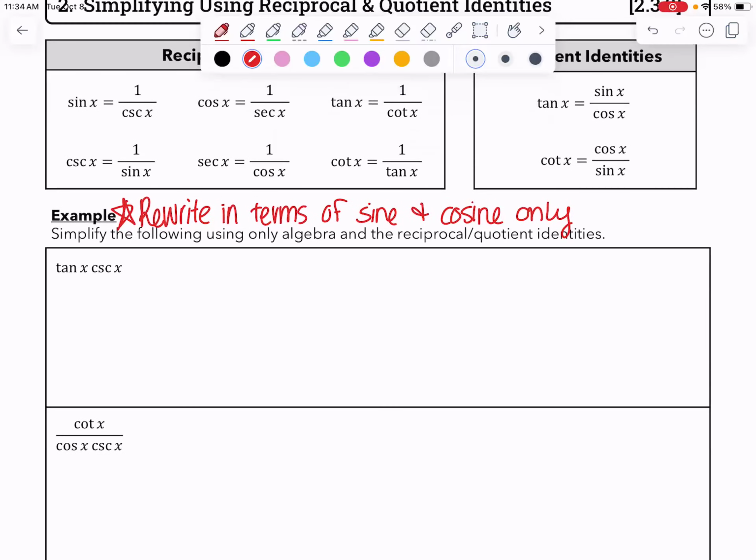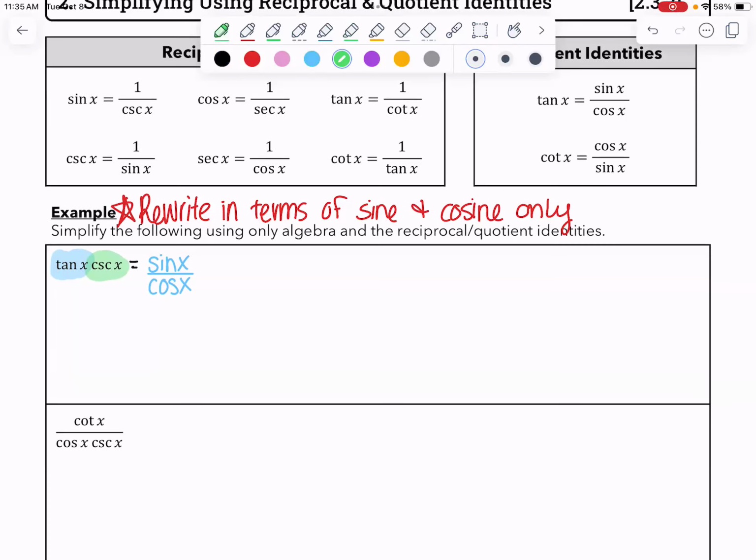So we have tangent x, cosecant x. I would want to start here taking tangent x, and I'm going to write that as sine x divided by cosine x. Then for cosecant x, we're multiplying by 1 over sine x.